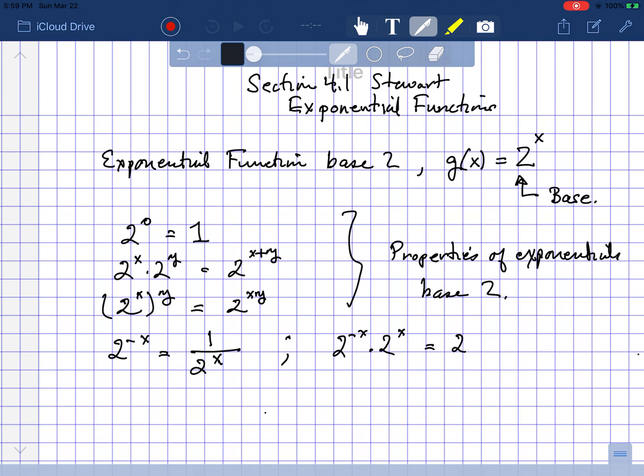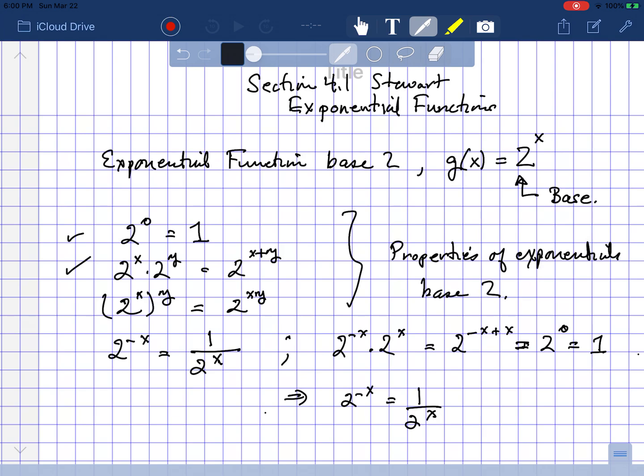This is equal to 2 to the minus x plus x power. That's using this property over here. And this is equal to 2 to the 0 power. And we know from the first property that we listed that 2 to the 0 power is equal to 1. So I have that 2 to the minus x is equal to, dividing both sides by 2 to the x, 1 over 2 to the x power.